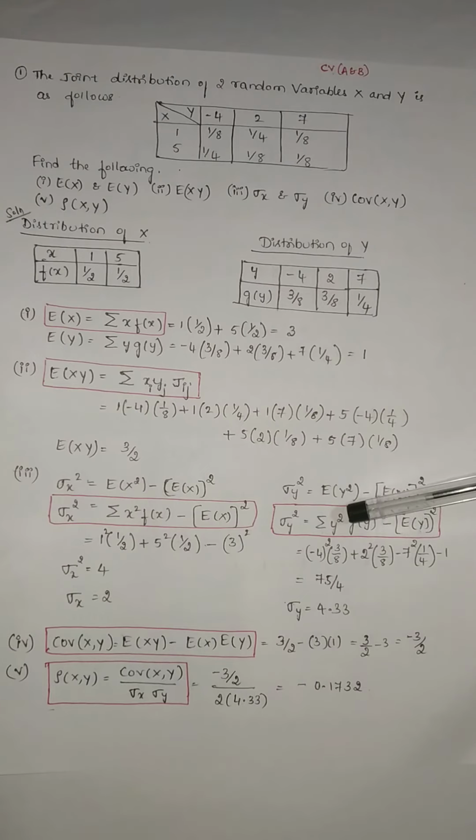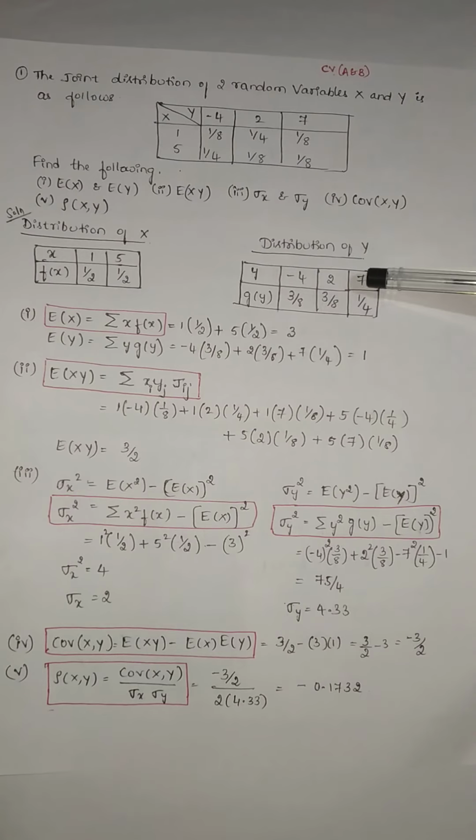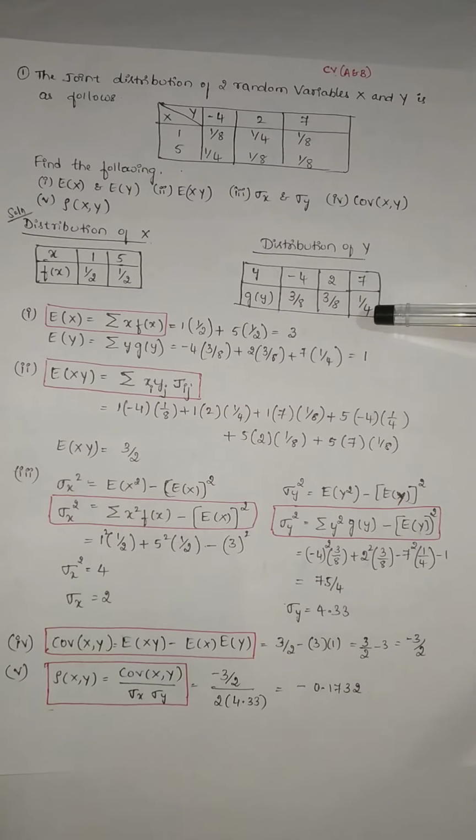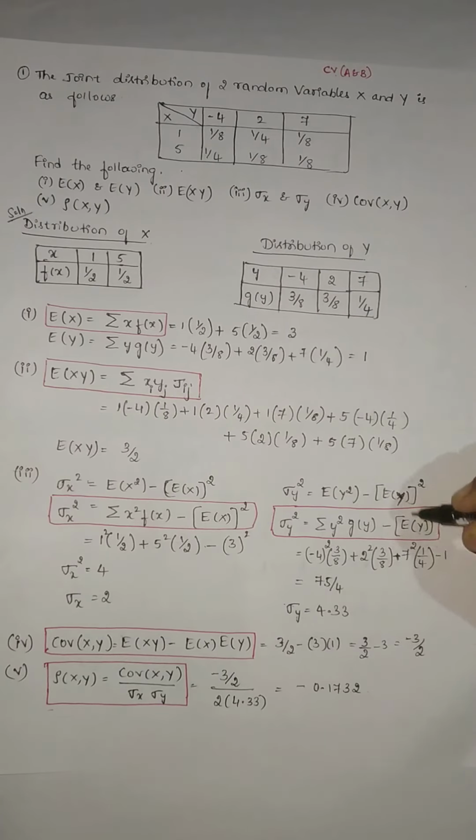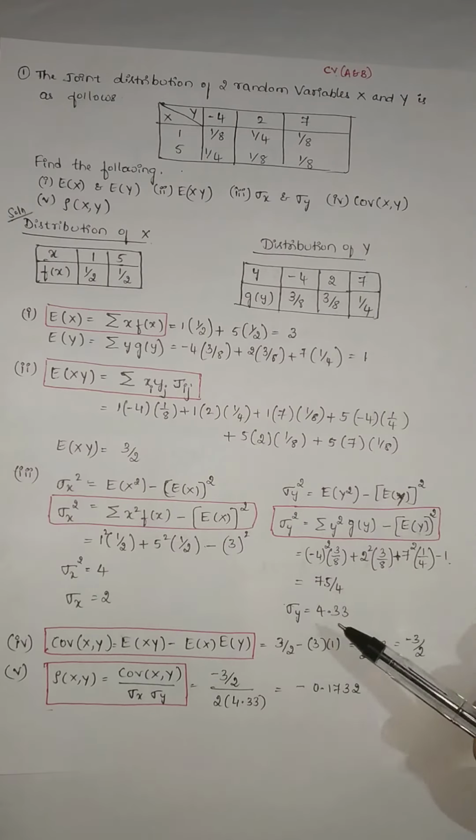Again the same concept: minus 4 whole square into 3 by 8 plus 2 square into 3 by 8 plus 7 square into 1 by 4, minus expectation of y whole square. Expectation of y is 1, so 1 square is 1. When you simplify this, you will get 75 by 4. So sigma y is equal to 4.33.